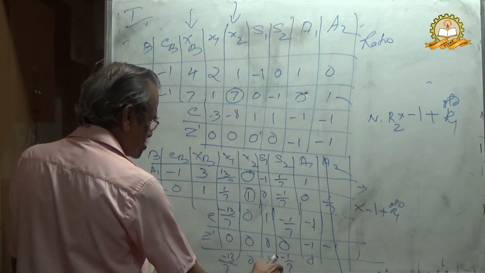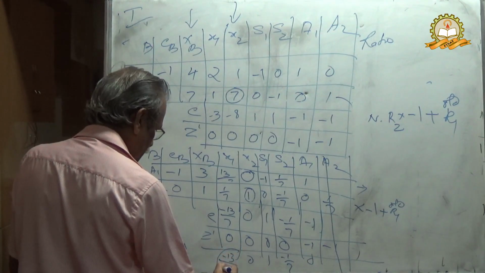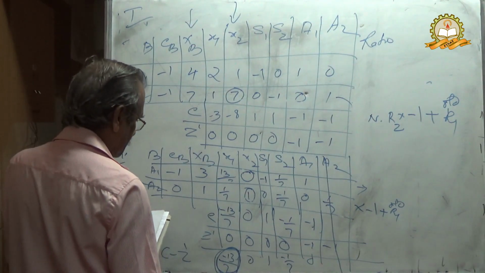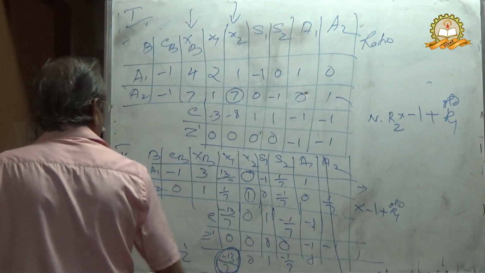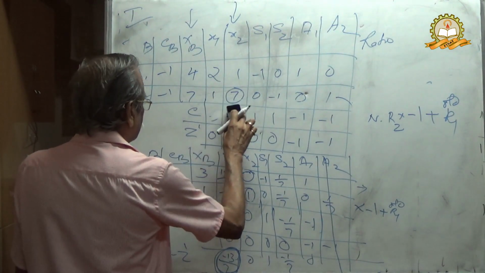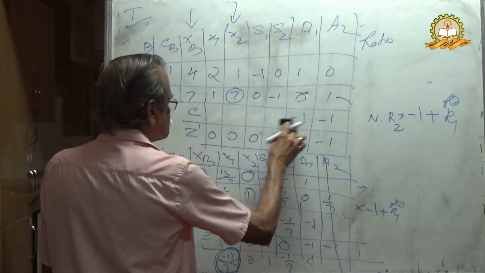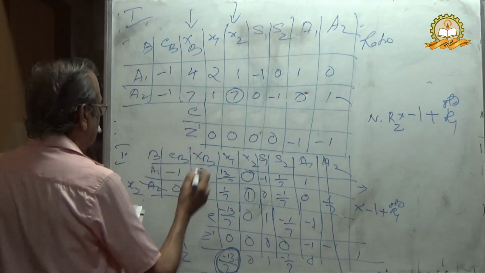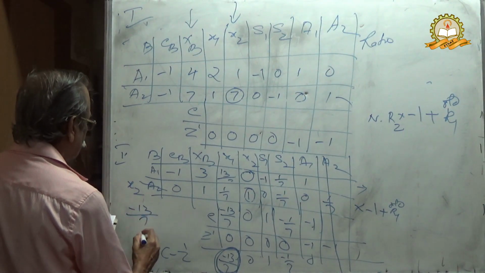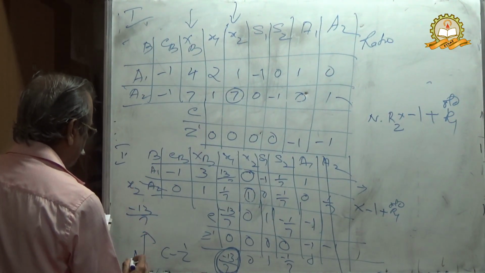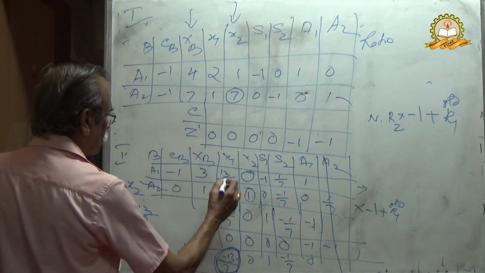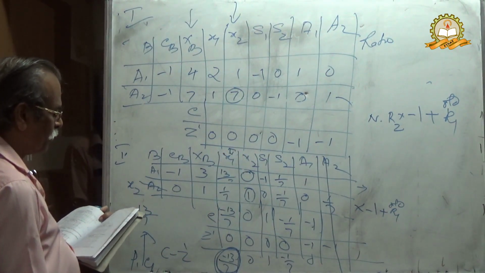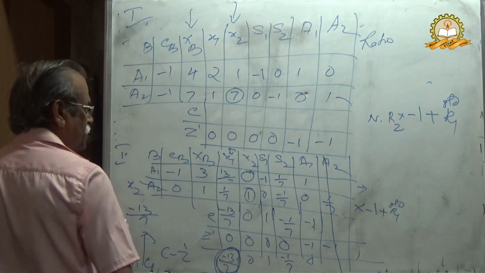Here the highest negative value is negative 13 by 7. Therefore, negative 13 by 7 is your pivot column, or x1 is the pivot column.